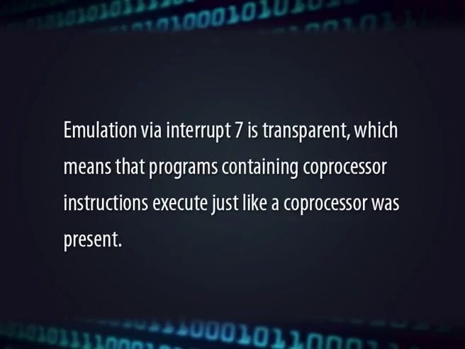The emulation via interrupt 7 is transparent, which means that the programs containing coprocessor instructions execute just like a coprocessor was present. The only difference will be that the emulator is slower.